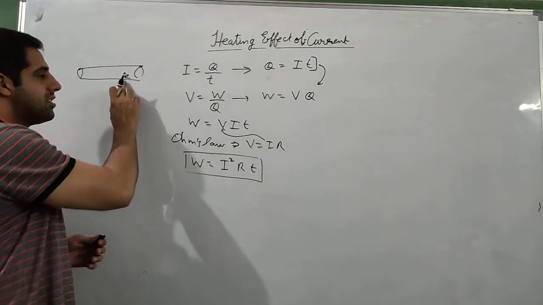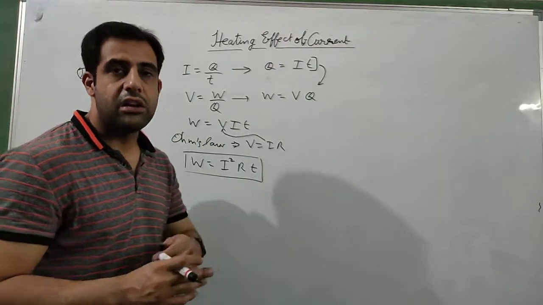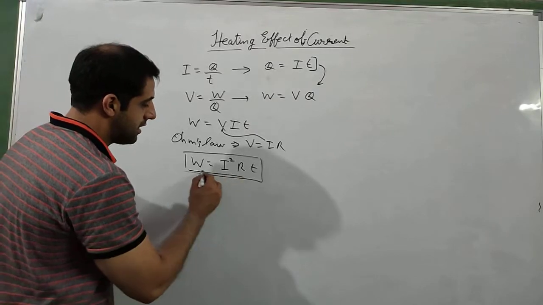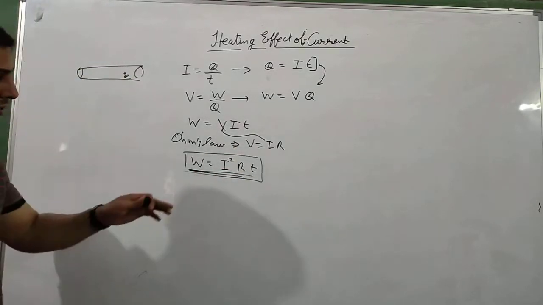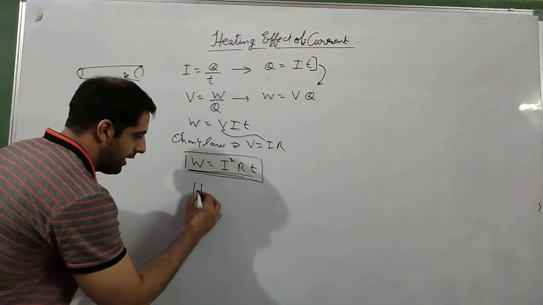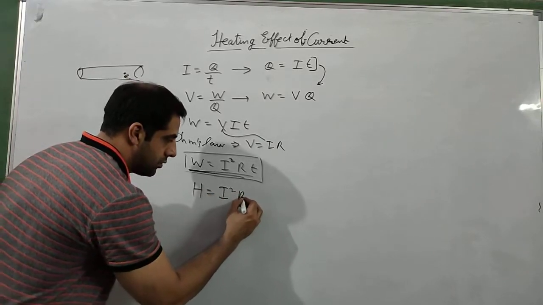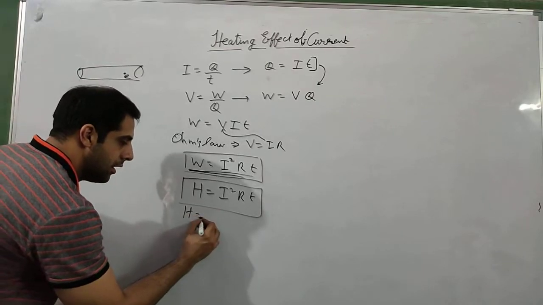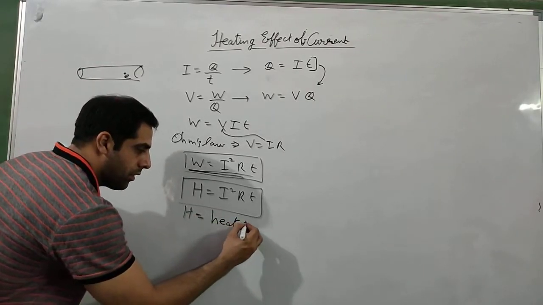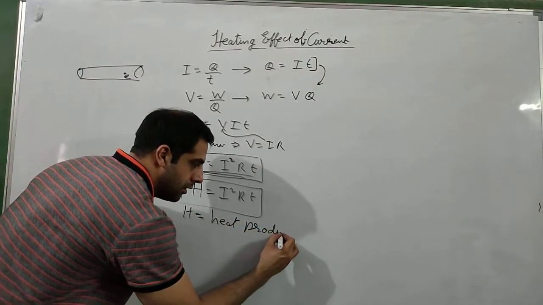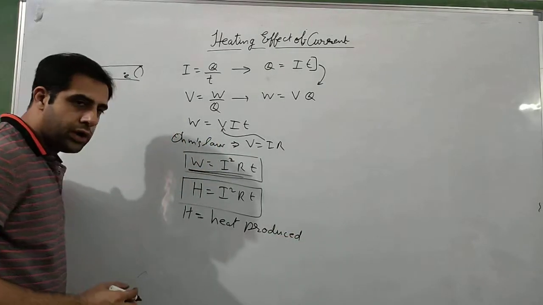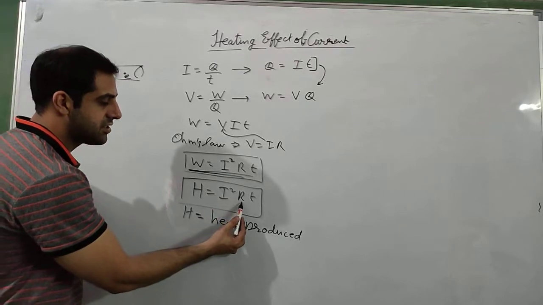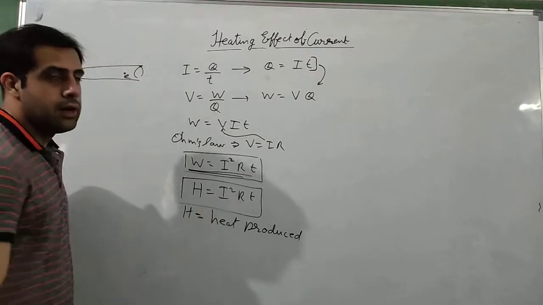So when this electron collides and releases energy, it is going to release this much energy. So I can write H equals I square RT, where H is the heat produced during flowing of current I across a resistor R for a time T.